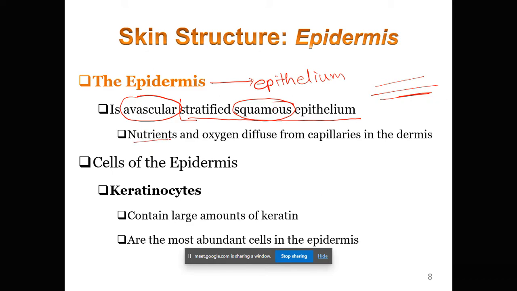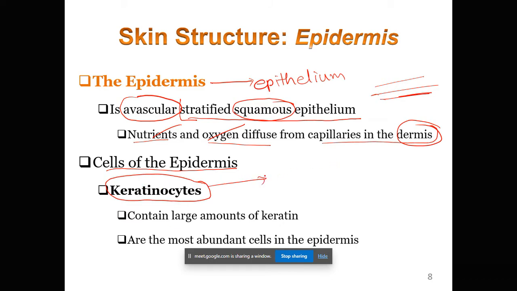The nutrients and oxygen diffuse from the capillaries in the dermis. Whatever blood capillaries are there in the dermis, they will supply the nutrition and the oxygen to the cells of the epidermis. The majority of the cells of the epidermis are keratinocytes. Why are they called keratinocytes?